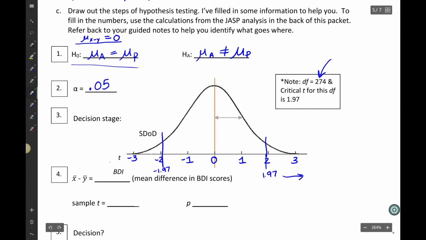Those are our critical T values, right? Plus or minus 1.97. So that means this region here and this region here in our tails, these are going to be our rejection regions.